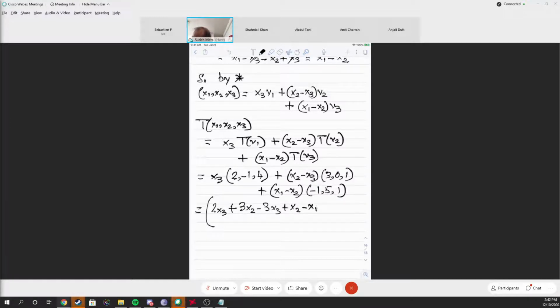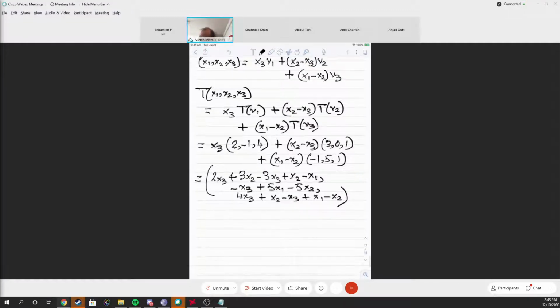This is the first coordinate. Next, minus x3 plus x2 minus x3 times 0, that is out, plus 5x1 minus 5x2. And then finally 4x3 plus x2 minus x3 plus x1 minus x2.